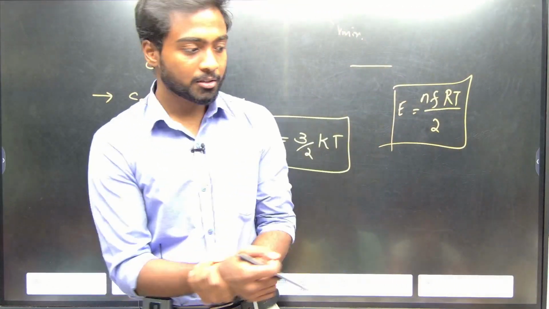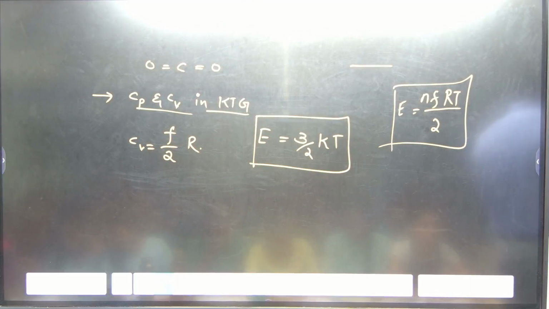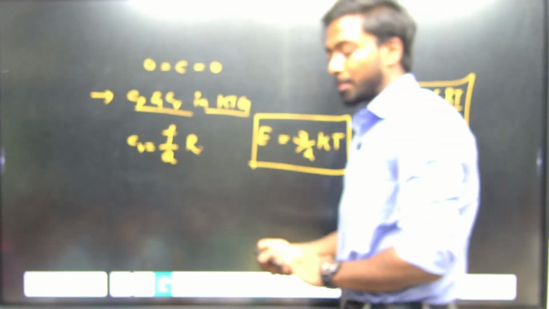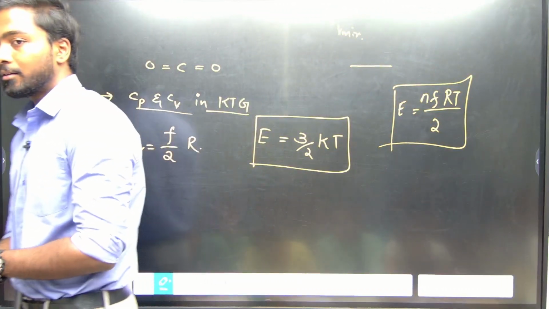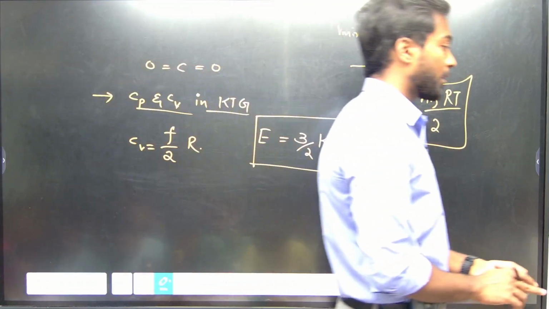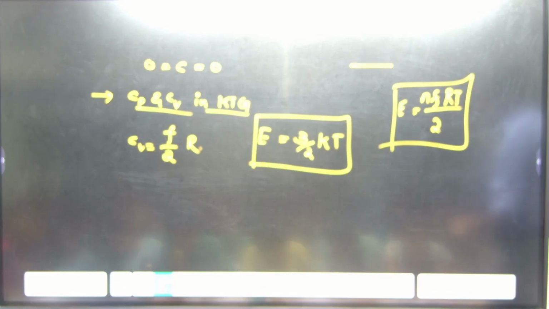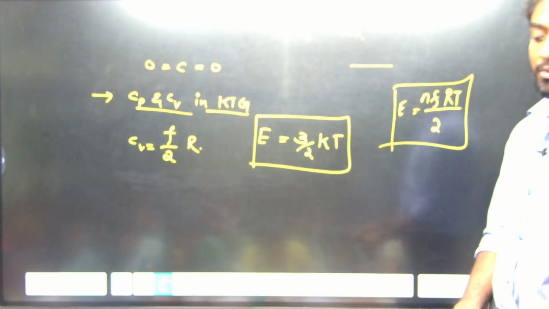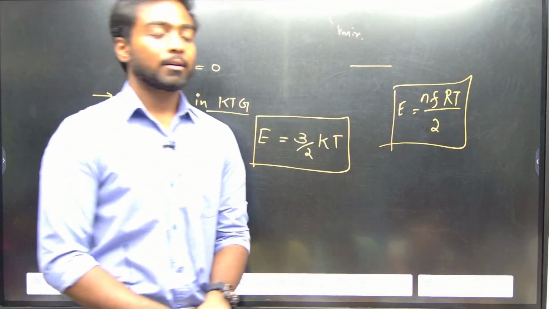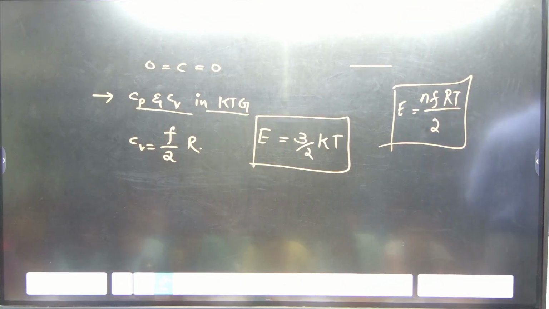Write on the next topic: monoatomic gas, diatomic gas and triatomic gas in terms of Cp and Cv, as well as gamma.